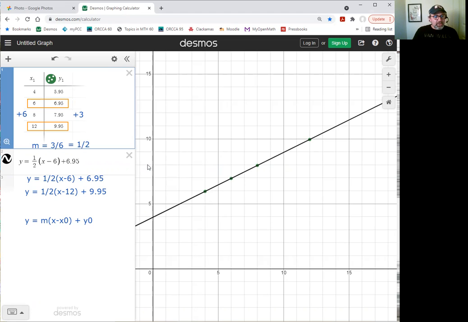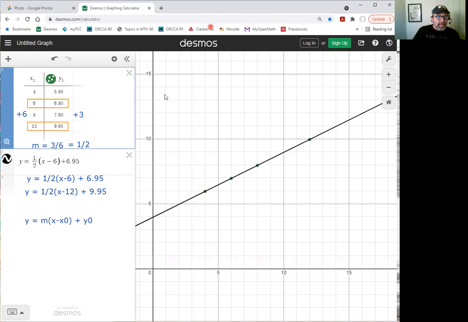And we can get that line in slope-intercept form in a couple of ways here. We could take our point-slope form and do some algebra, distribute the 1/2 to each term in parentheses, and then combine like terms with the 695.